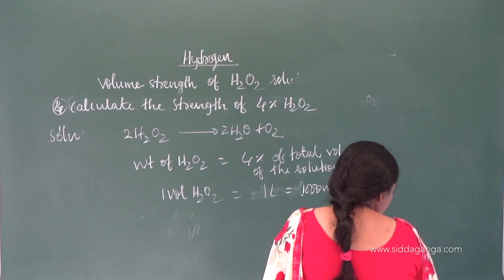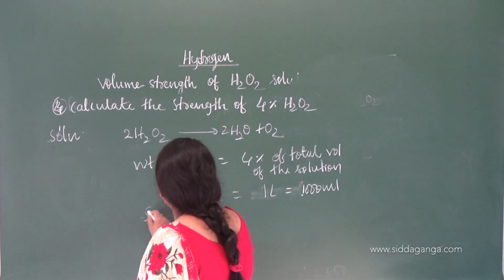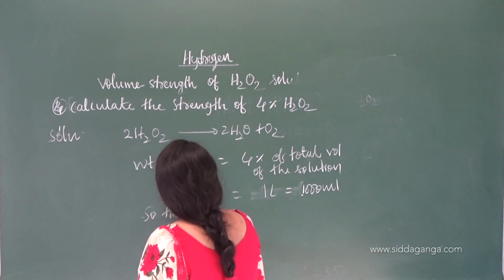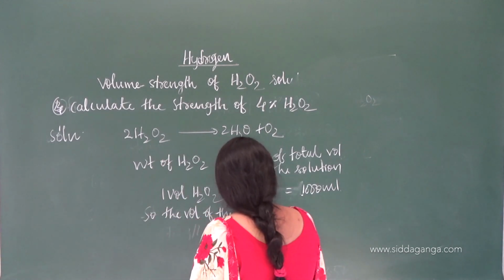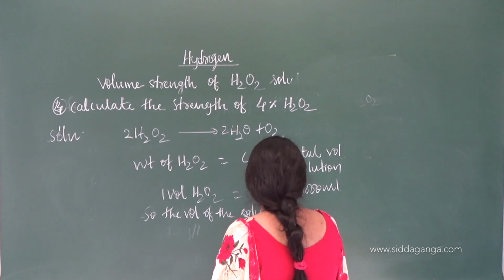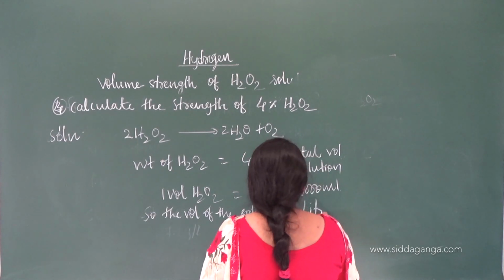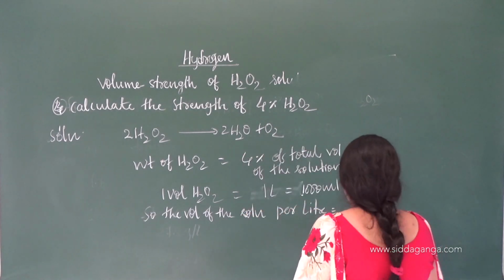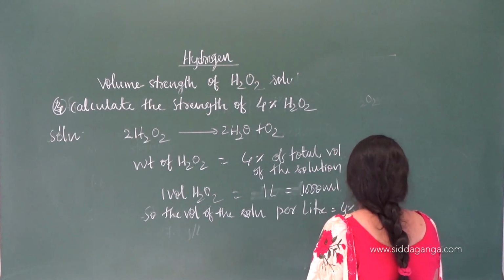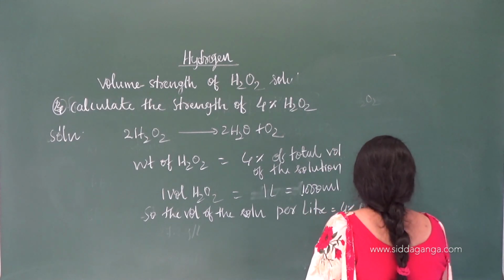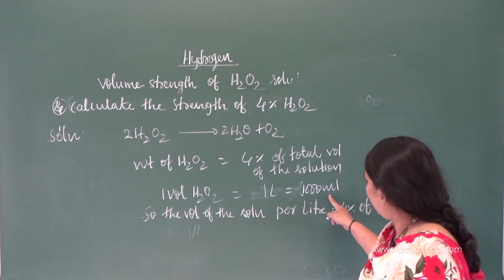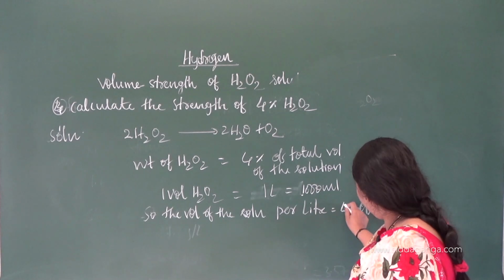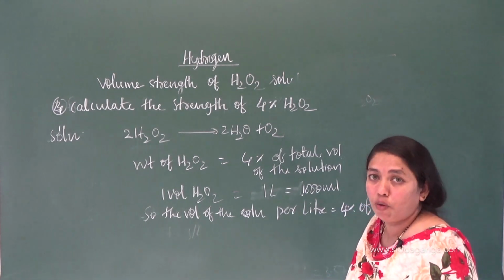So the volume of the solution per liter is 1000 ml. See, total volume is 1000 ml. Out of that, what is the percentage of our hydrogen peroxide? It is 4%.